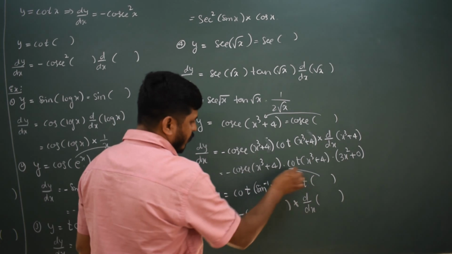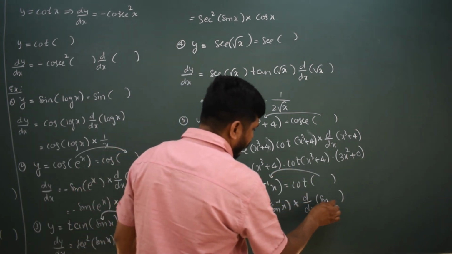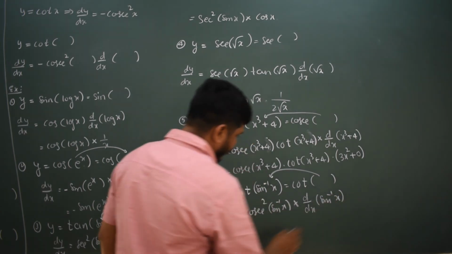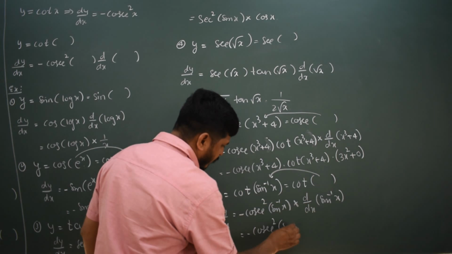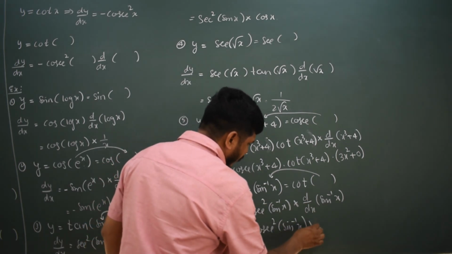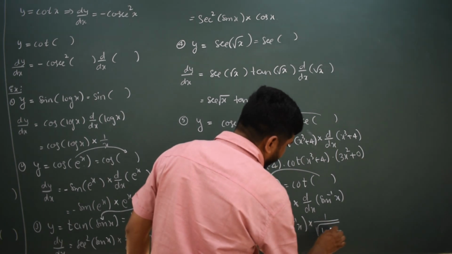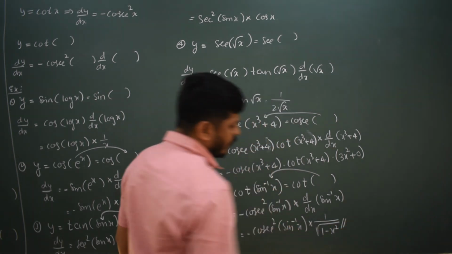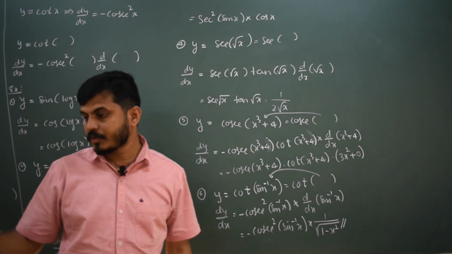In the place of something I have sin inverse x. That's equal to minus cosecant square sin inverse x into the differentiation of sin inverse x, which is 1 by root of 1 minus x square. So you can do n number of problems using this.